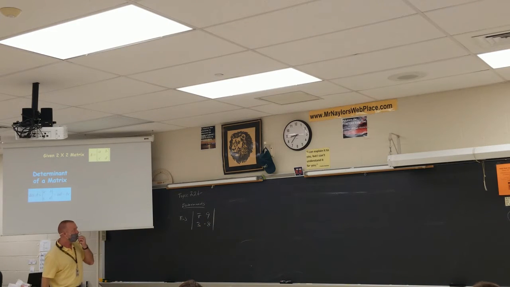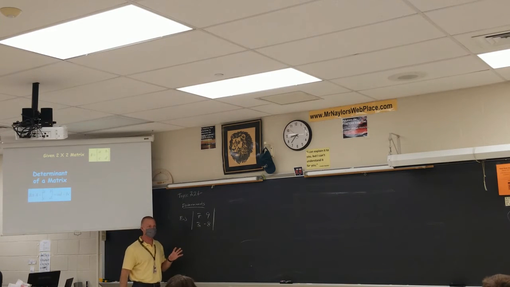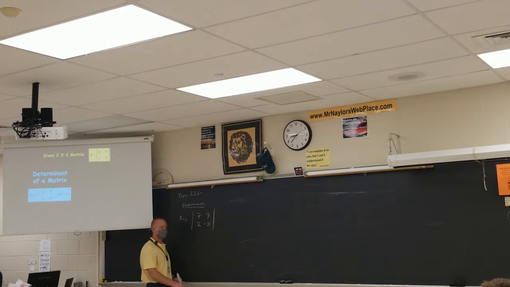And as you're writing this down, make sure you notice that there are these straight lines around these numbers. As soon as you see straight lines, that means do the determinant. Okay, so I've got 7, 9, 3, negative 8 with the straight lines saying, hey, do the determinant.